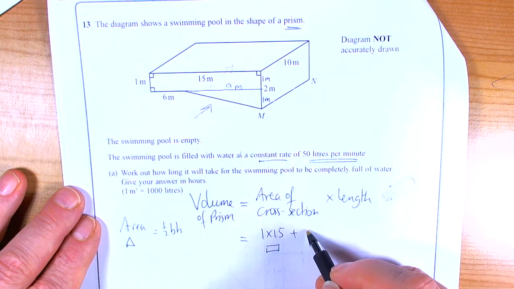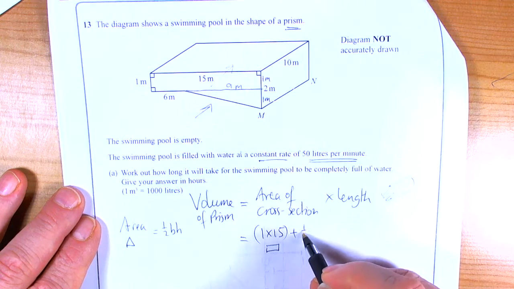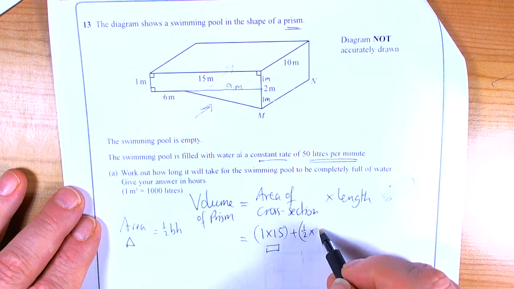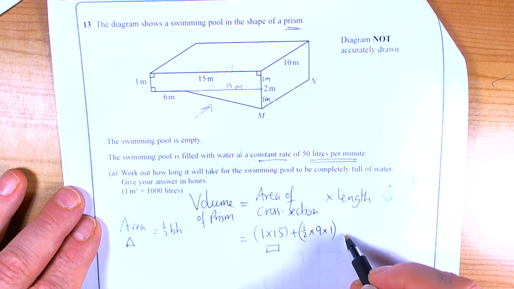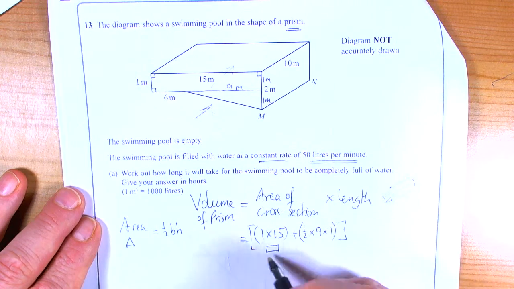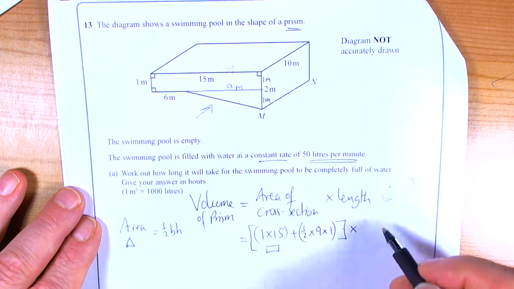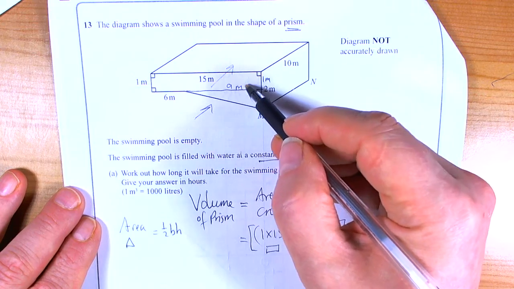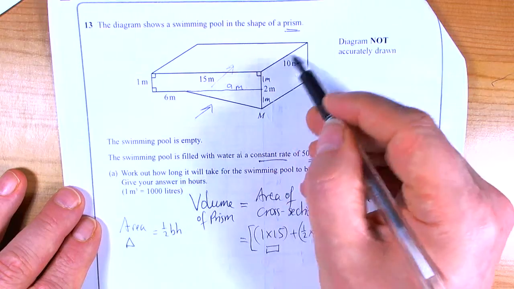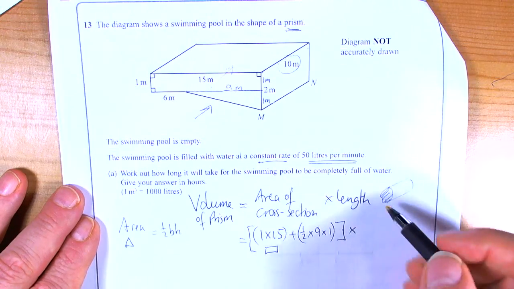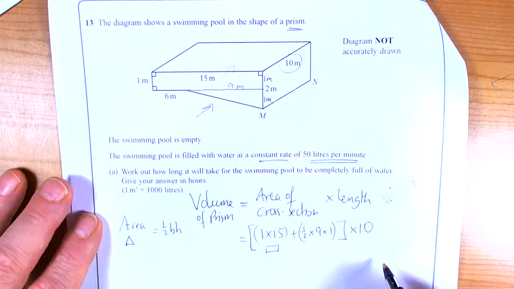So in this case it's going to be a half times 9 times 1. So that's the area of cross section. And then we're timesing by the length of the shape. Well, the length of the shape is the distance travelled by the cross section to get from one end to the other, and in this case it's going to be 10. So we're going to times by 10.